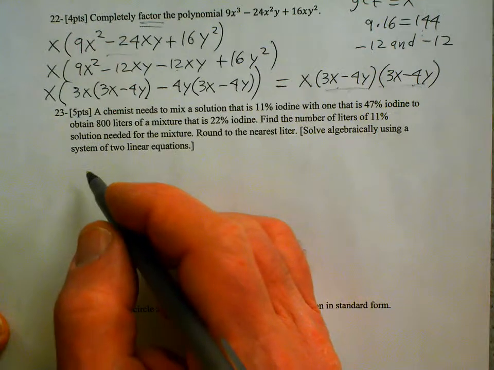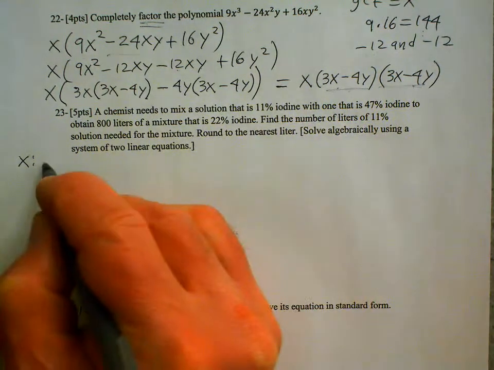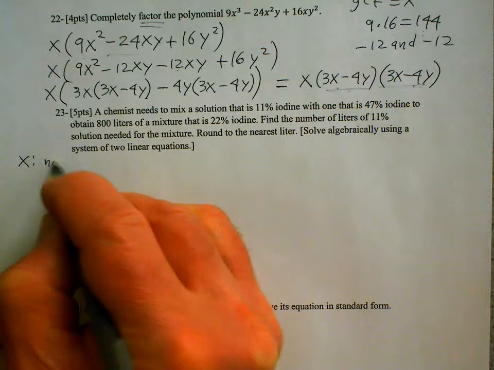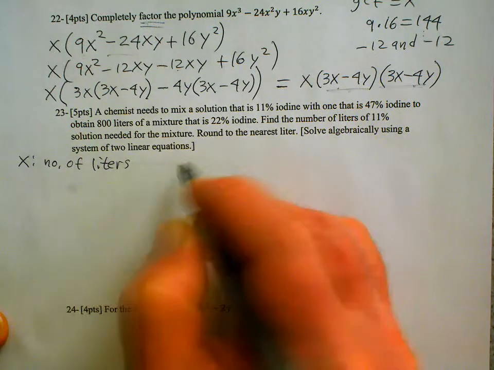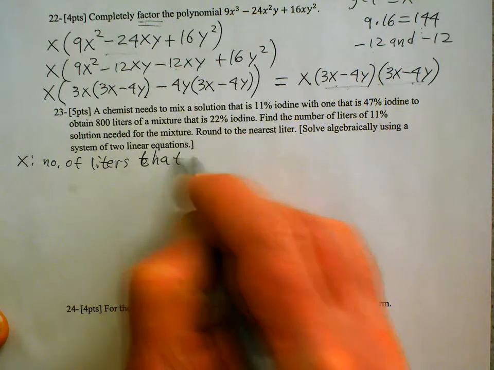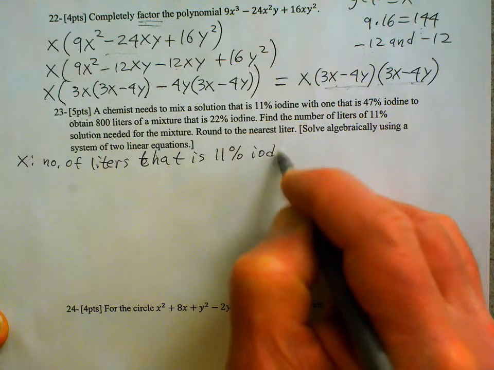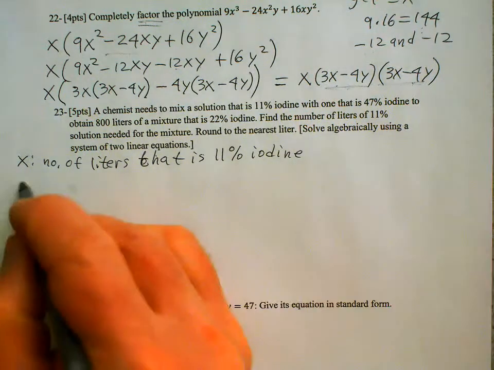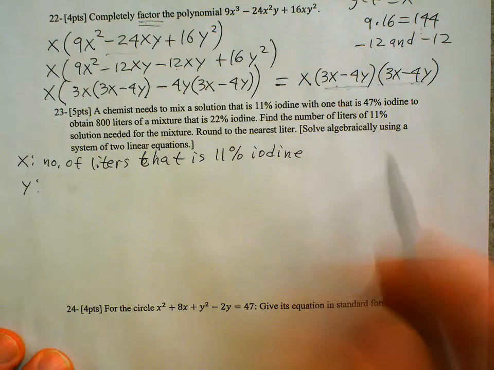So we need variable assignments. I'll pick x to be the number of liters that is 11% iodine. And I'll pick y to be the number of liters that is 47% iodine.